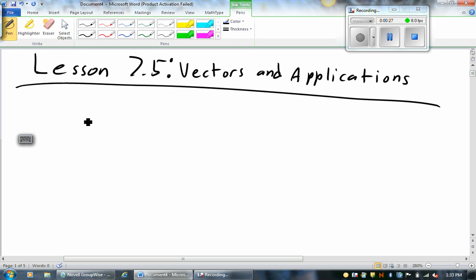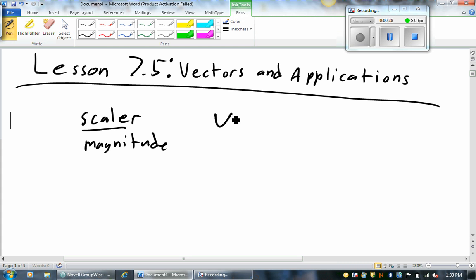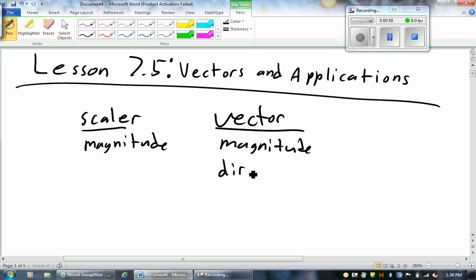Unlike a scalar quantity, which is only magnitude, a vector quantity is going to give us a magnitude, which is like speed, or the force that you put down could be a magnitude of 200 pounds, or for speed, it might be 15 meters per second or something. But a vector is going to add into that the direction.